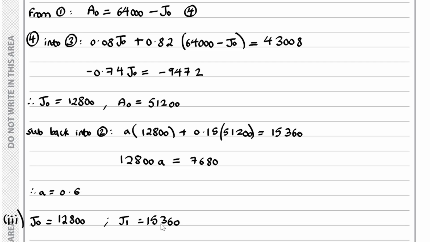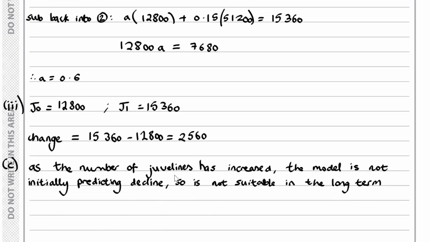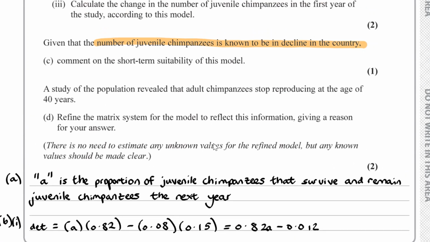So we can say that the model is not suitable because, as the number of juveniles has increased, the model is not initially predicting decline. Obviously it's increasing, and therefore it's not suitable in the long term, because we know in the long term the number of juvenile chimpanzees is known to be decreasing.